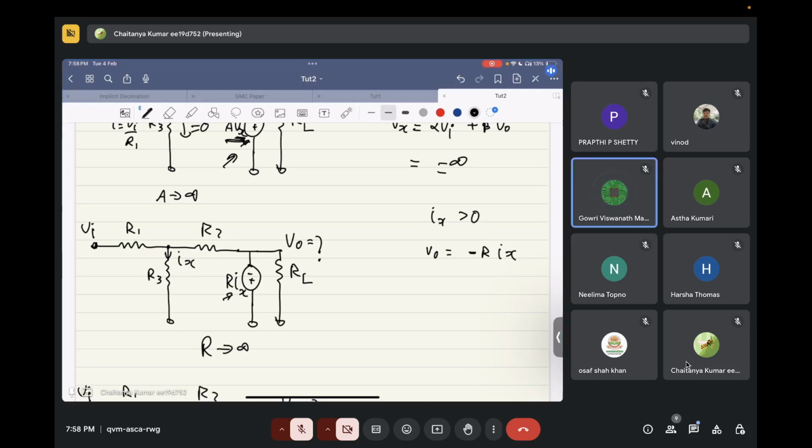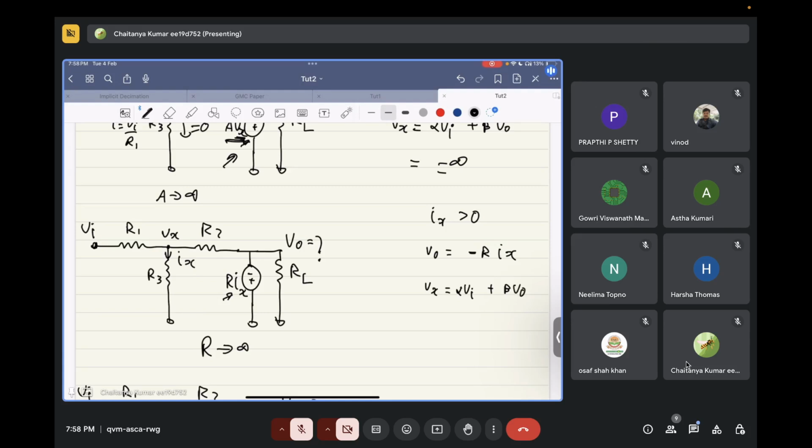So let's say some Vx is there over here. What will be Vx? Again, Vx will be alpha times Vi plus some beta times V naught.